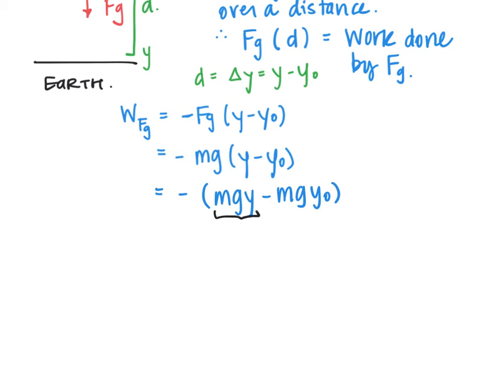And so this component here is a force, mg, times a distance, m. And when you have a force times a distance, you get work. And work is measured in joules, which is also a unit for energy.